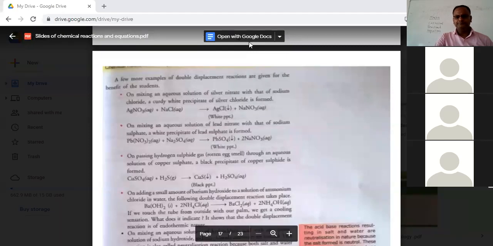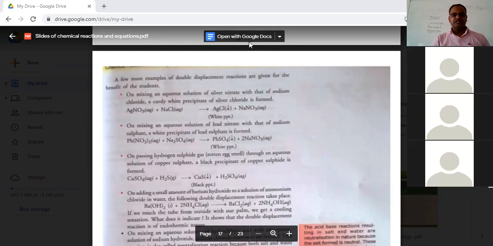Priyanshu, tell me, in the reactivity series, which metal is highly reactive and occupies the topmost position in the reactivity series? Sir, potassium. Okay, Priyanshu, very good.